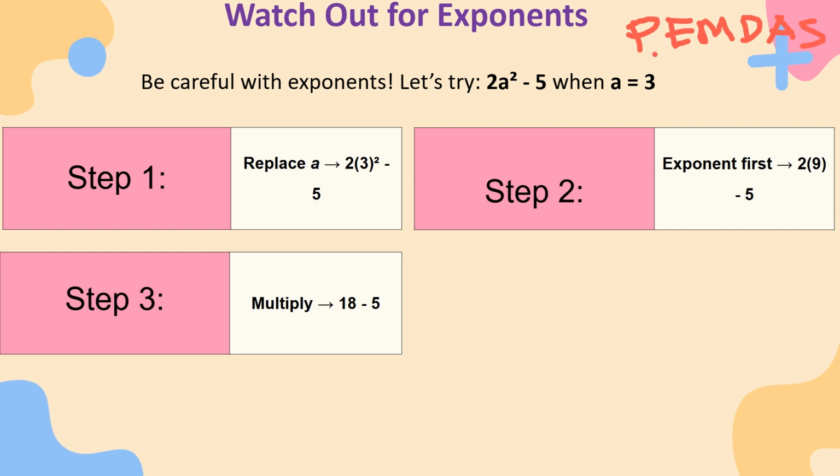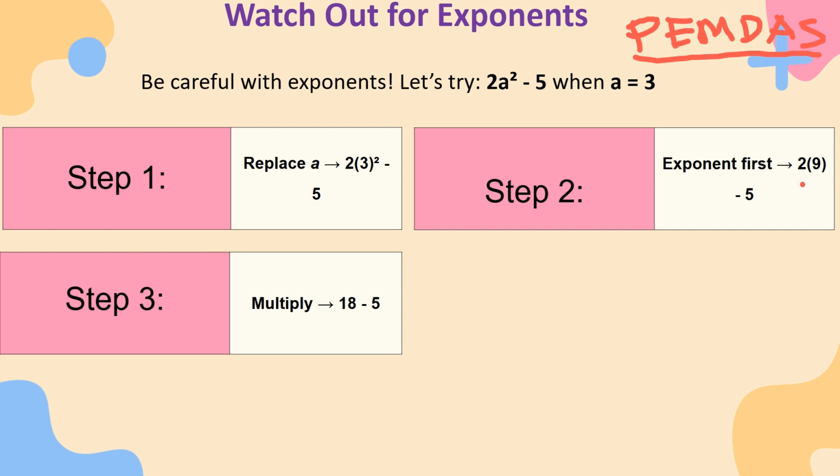What is PEMDAS? We'll review that in the next slide. P stands for parentheses, E stands for exponent, M and D stand for multiplication and division, and then AS stands for addition and subtraction. And you do it from left to right.